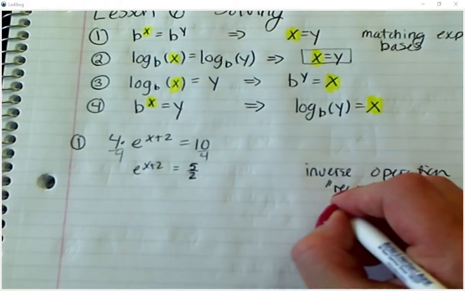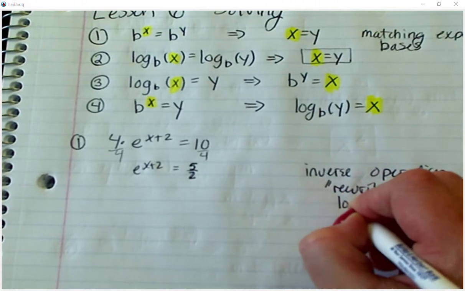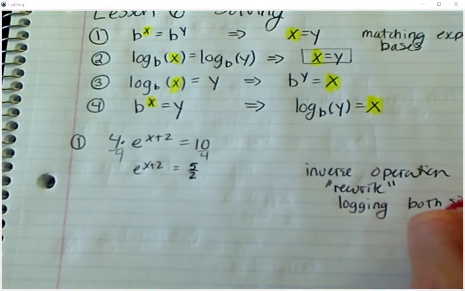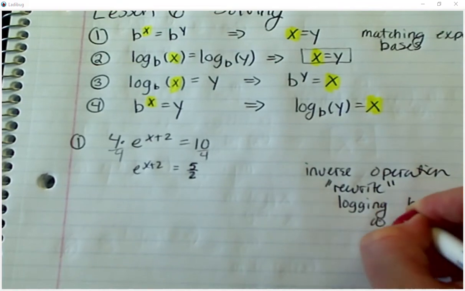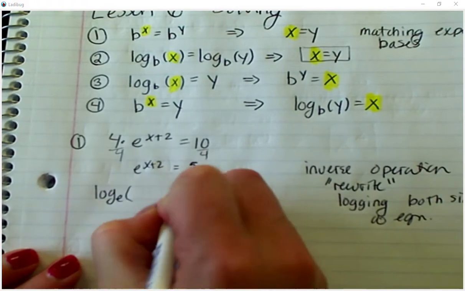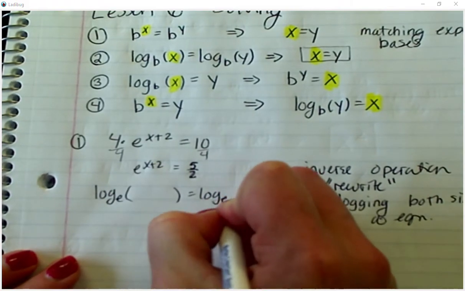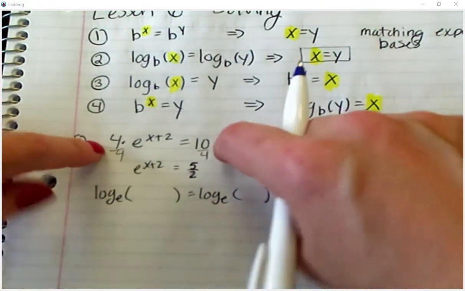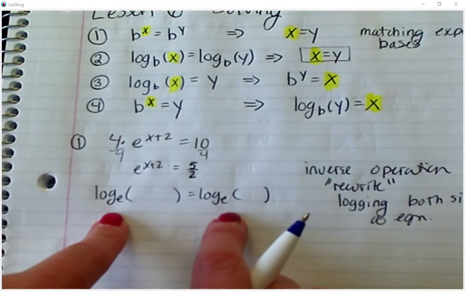It's also called taking the log. Logging both sides of the equation. And this is what it looks like. You literally just write log base e on both sides of the equation. Just how you would divide both sides of the equation by 4, you log both sides of the equation.